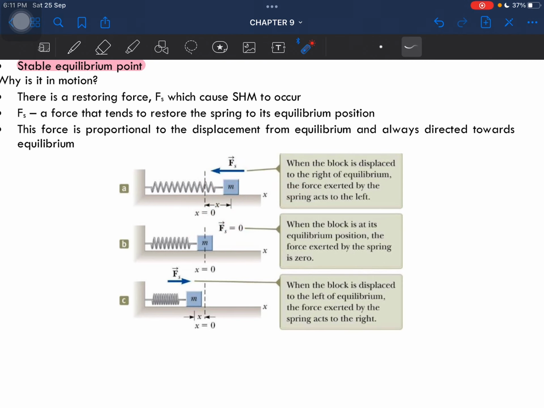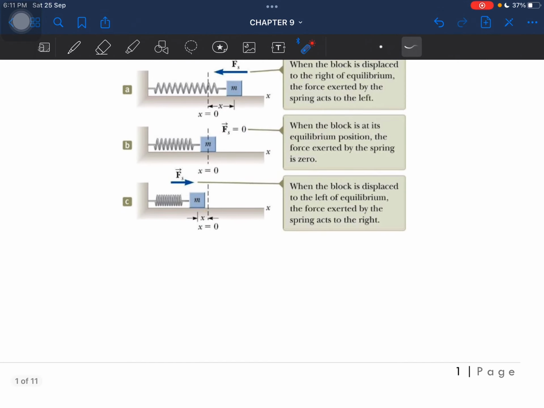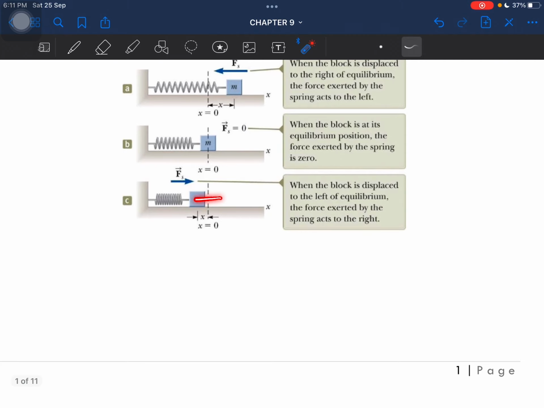Same thing, if it is at the equilibrium position, there is no restoring force. I mean, the restoring force is equal to 0. And if it moves to the left, the spring is compressed now, the restoring force will go against the motion of the spring. I mean, it will try to restore it again back to the equilibrium position here.